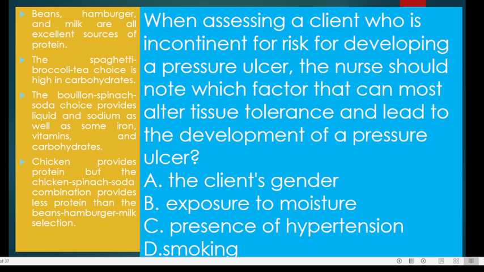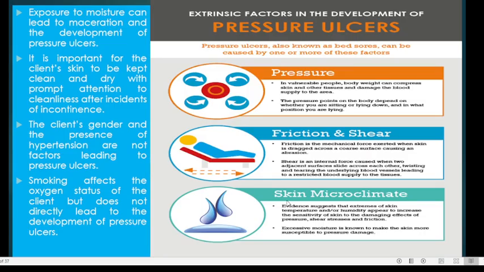When assessing a client who is incontinent for a risk for developing a pressure ulcer, the nurse should note which factor can most alter tissue tolerance and lead to development of a pressure ulcer. Exposure to moisture, yeah? Remember we had said that pressure ulcers result from pressure, friction, and shear and the skin microclimate, okay?